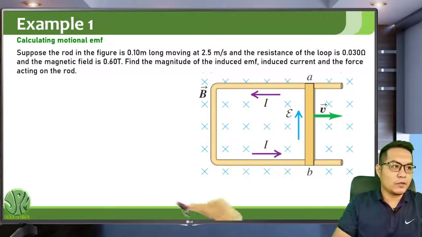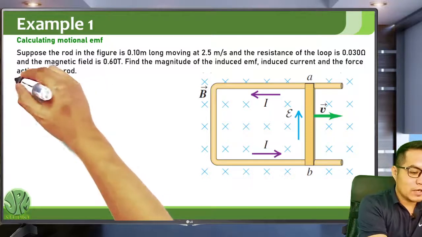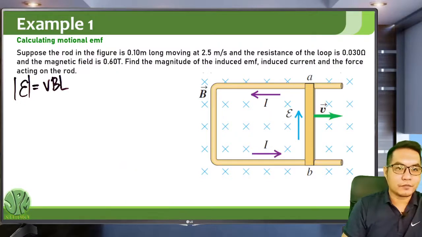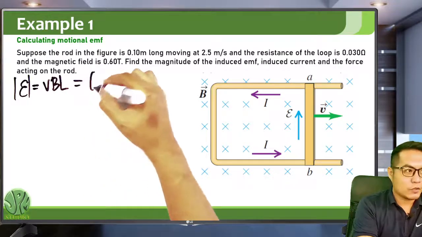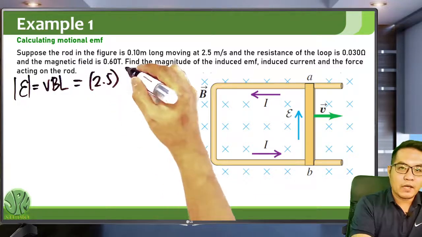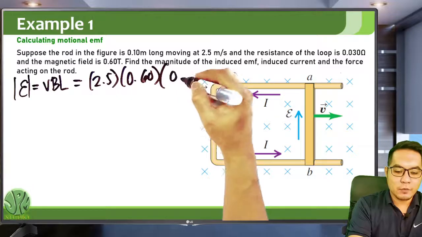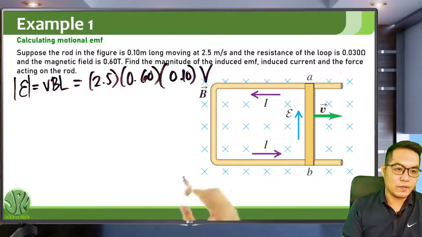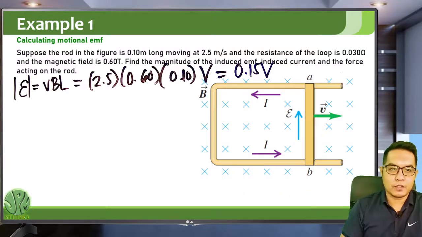First, the induced EMF. The magnitude of the induced EMF is just VBL. So you have the velocity, 2.5, magnetic field 0.60 Tesla, the length is 0.10 meters, so the final unit for that is volts, and you will get 0.15 volts.